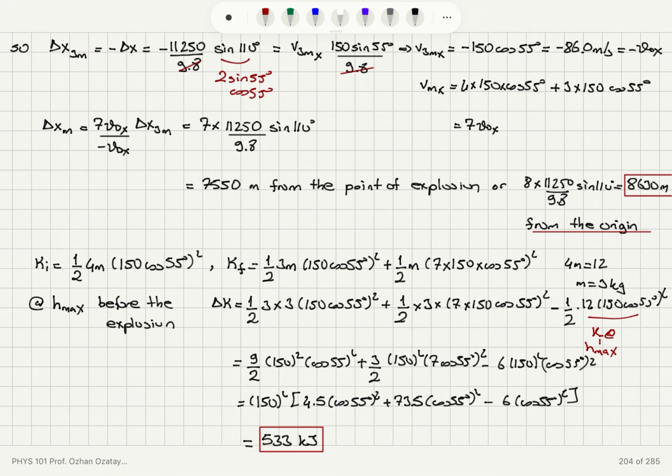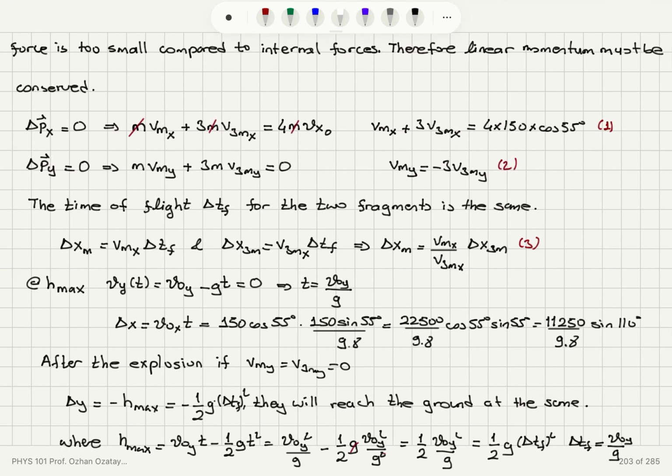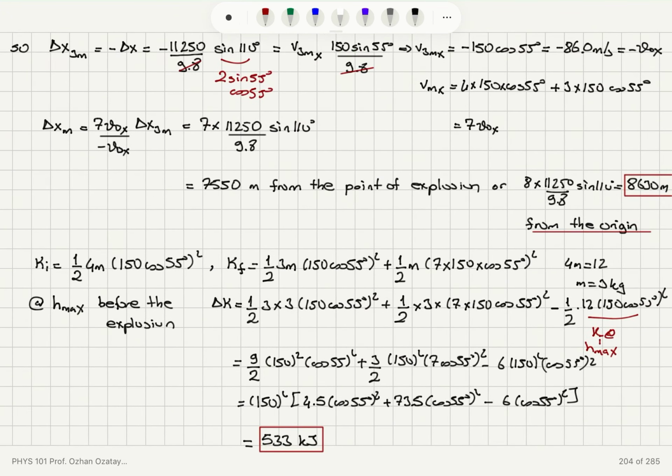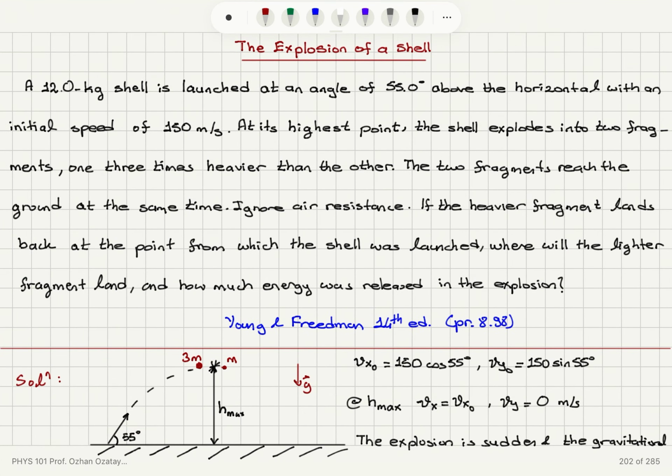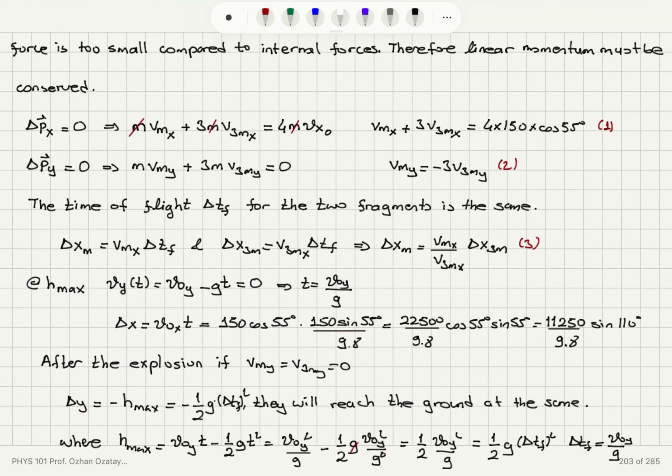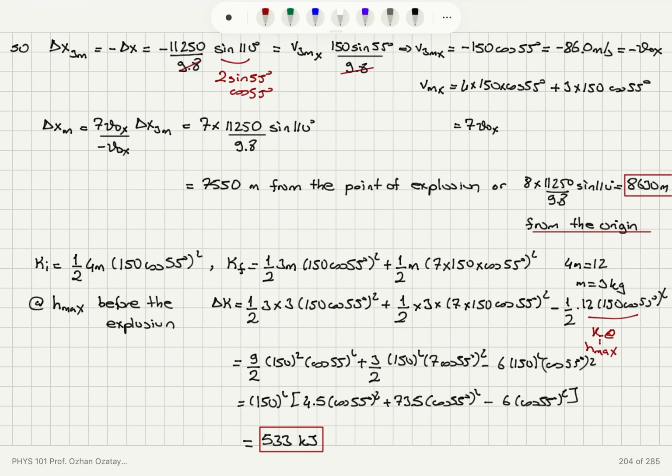So delta x3m is basically minus delta x, which I have calculated here, 11,250 over 9.8 sine 110, the same distance the shell travels on the x-axis. And basically this is v3mx times the time of flight.